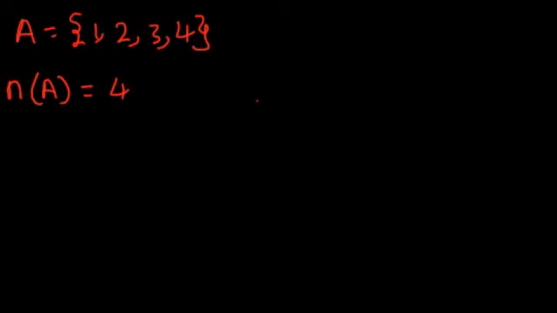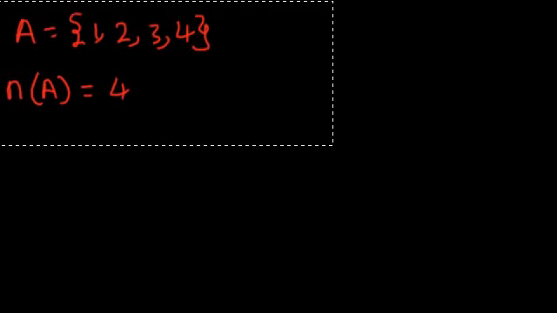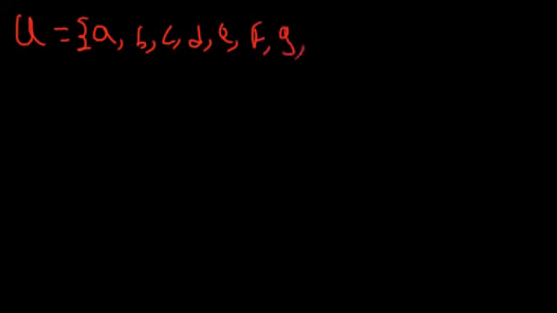So now let's try to go over some examples on what we have taught earlier. So let's say U is a set and it is said to be a universal set and it consists of the elements of the English alphabet, from A, B, C, D, E, F, G, H. That's up to H. Now we have some subsets.